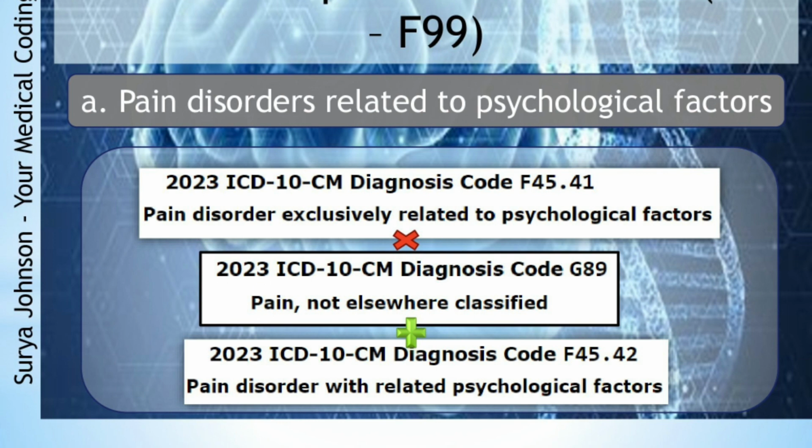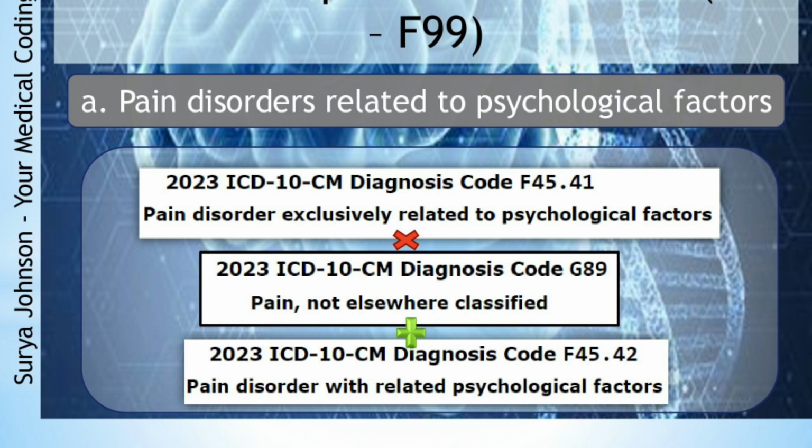There is another code, F45.42, pain disorders with related psychological factors, which should be used with a code from category G89, pain not elsewhere classified, if there is documentation of a psychological component for a patient with acute or chronic pain. So what does that mean? If the pain is exclusively because of the psychological disorder, then it should be F45.41 and it should not be coded with G89.